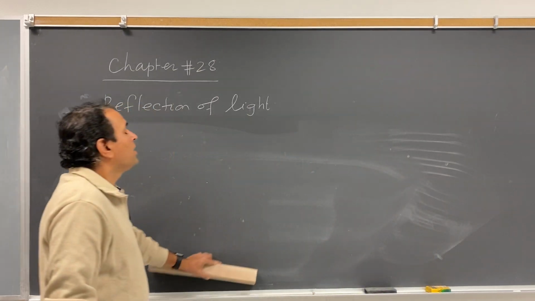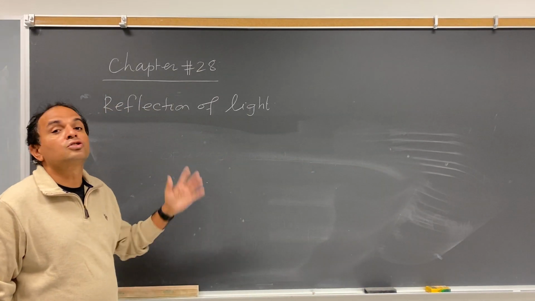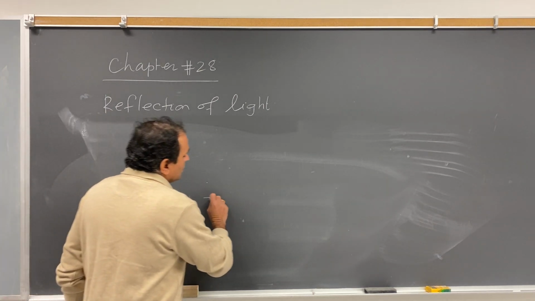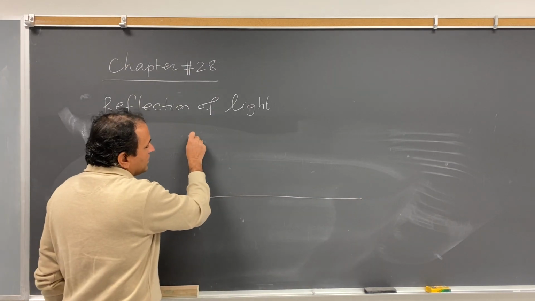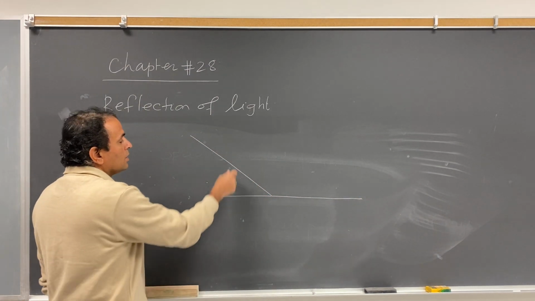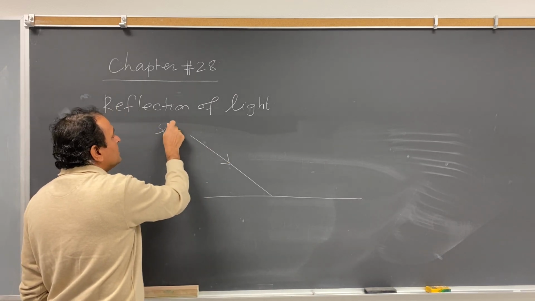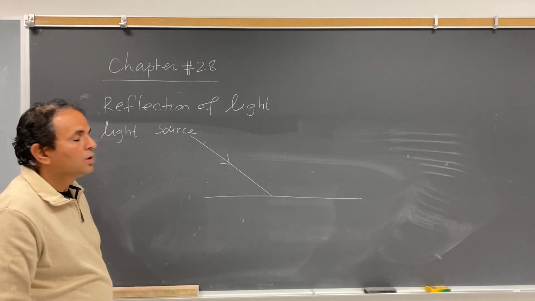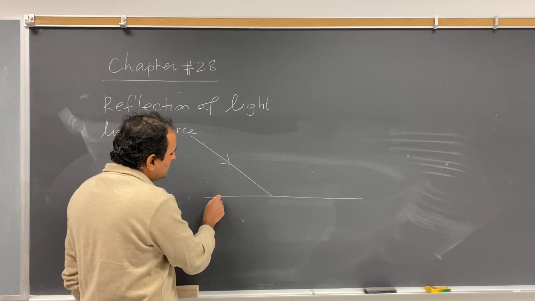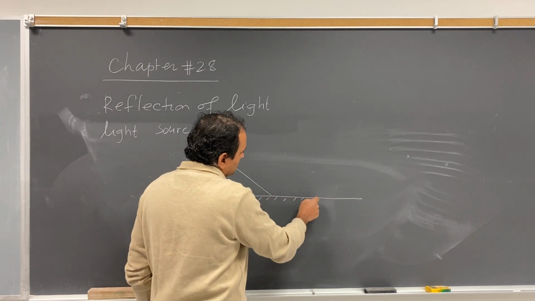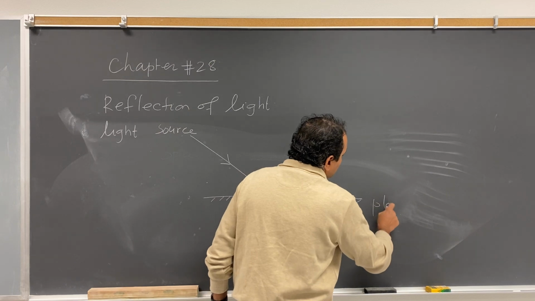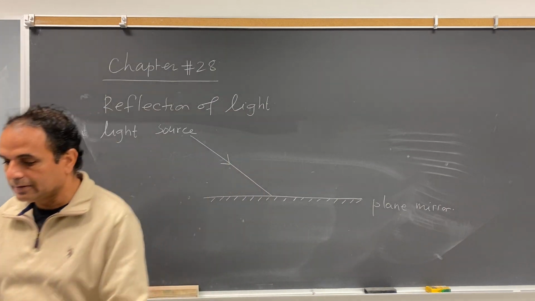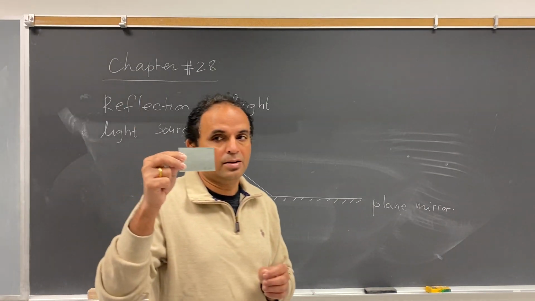Okay, when a ray of light comes from the source, like the sun, which is a very big source of light, consider this is a ray of light coming from the light source, and this is, let's say, a plane mirror.